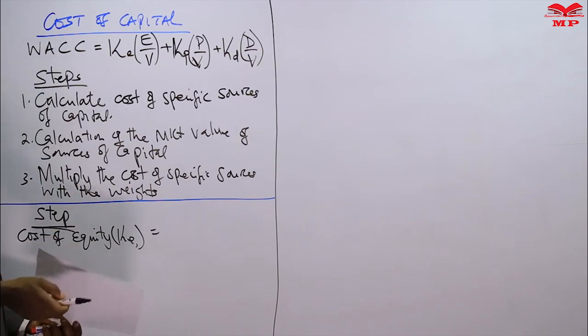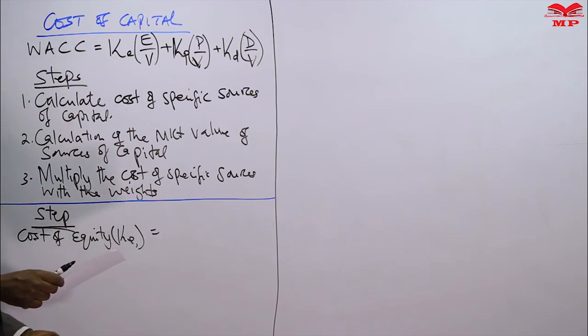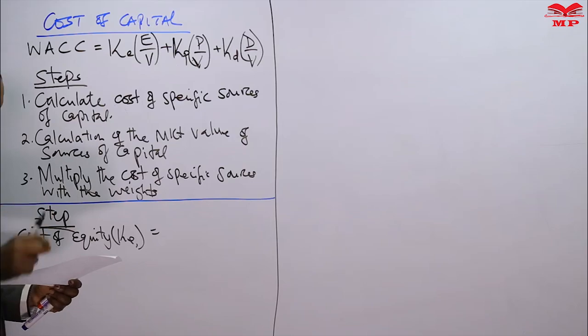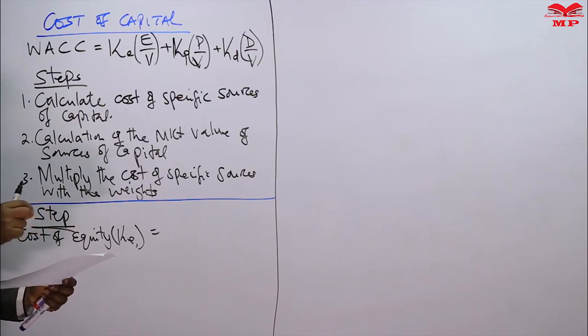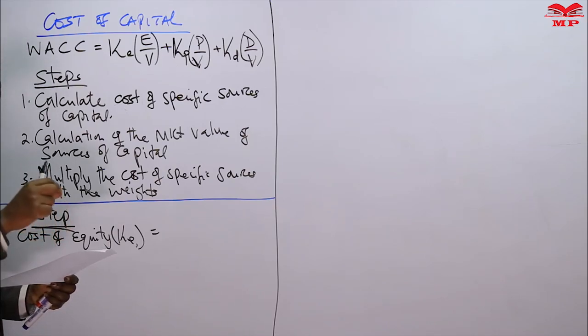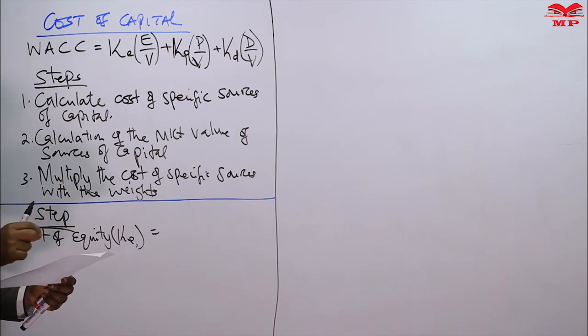If it is a constant growth firm, then we will apply the constant growth rate dividend model to determine the cost of equity. In this question, note number 4, we are informed that currently the firm has been paying dividend per share of 5 shillings. The dividend is expected to grow at 5% per annum in future. So in this case, the question is straightforward. We will use the constant growth rate dividend model.